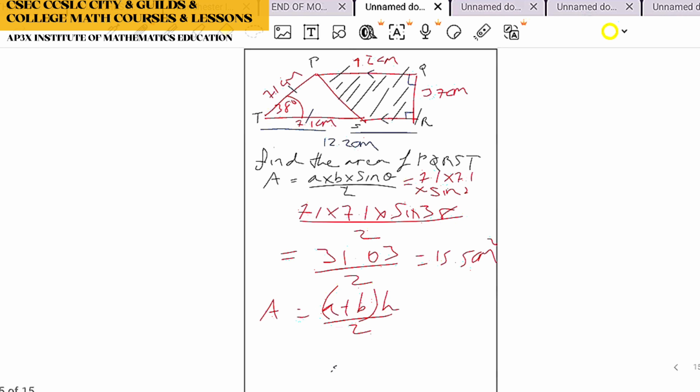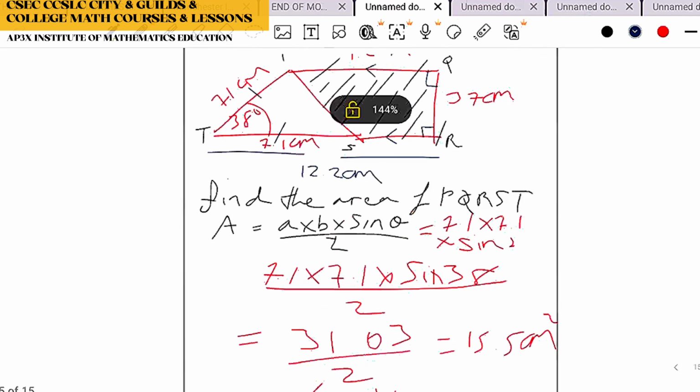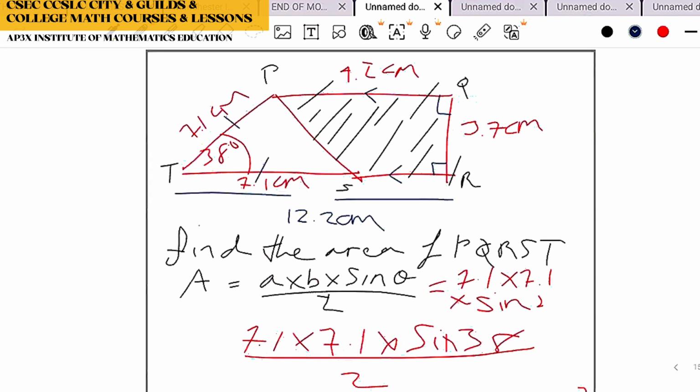Yes, sir. Hold on, let me write it down. So that's 9.2. I think it's 3.7. Remember, the A and the B are the ones on the arrows. The arrow is 9.2, but the side on the other arrow is missing. The 3.7 is the height. So we have the A, but we don't know the B.